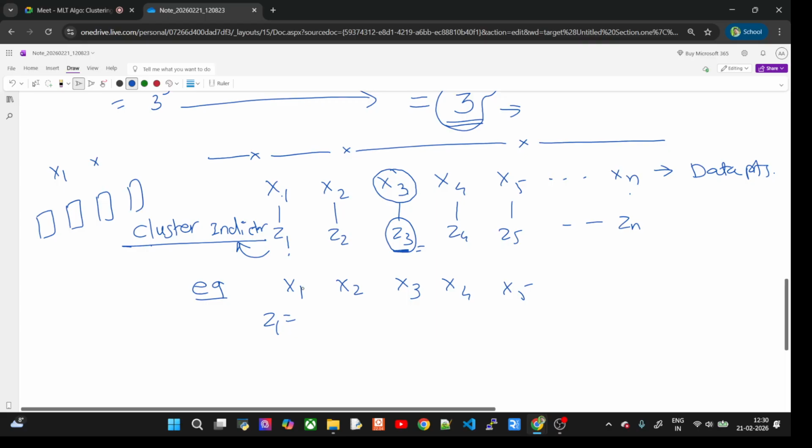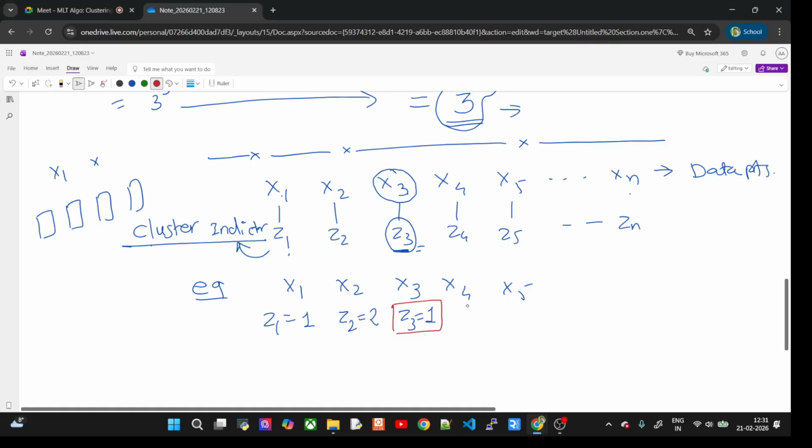For example, your x1 is going into box number 1, your x2 is going into box number 2, and your x3 is going into box number 1. Here it is different. Your z3 means where your x3 is going, either box number 1 or 2.